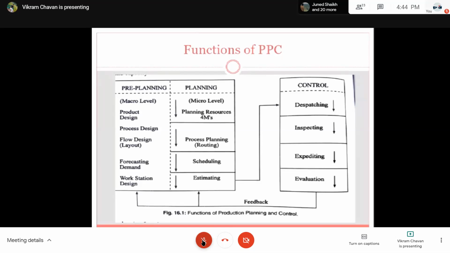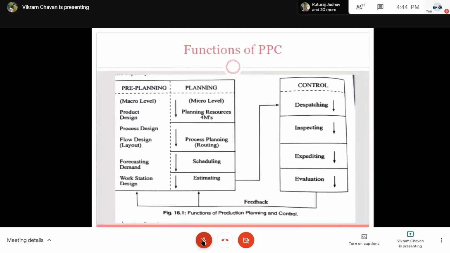If your production type is continuous production, what will be the layout? If you are producing multiple varieties of products, what will be the layout?